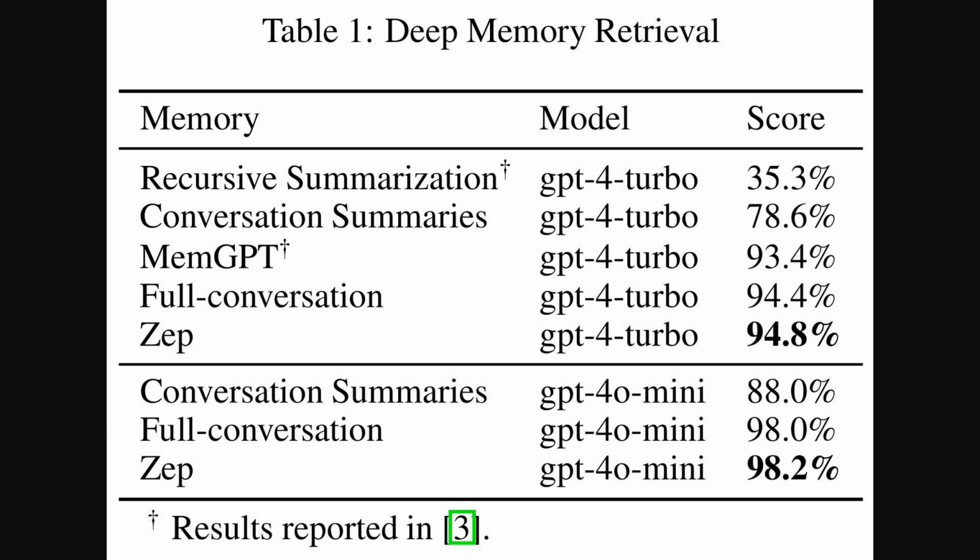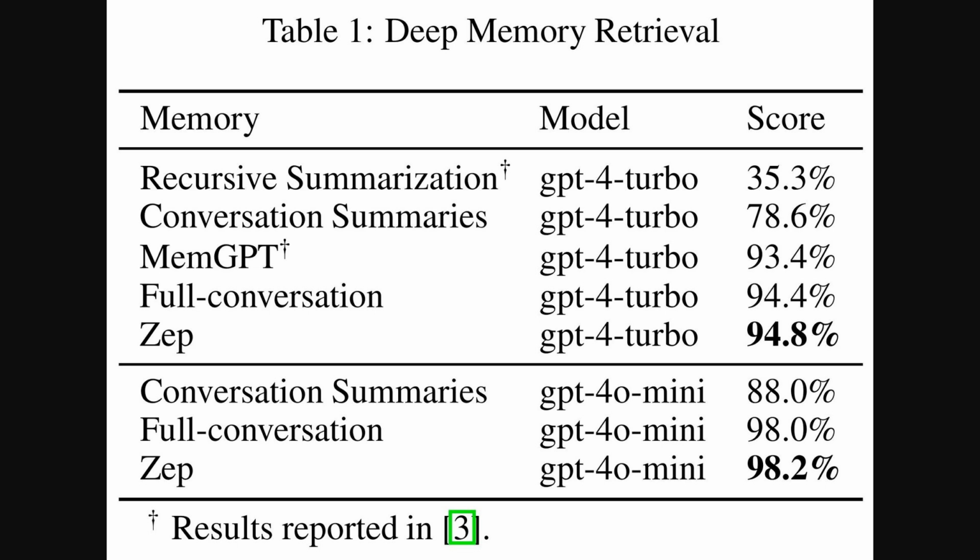So diving into the actual results, this first table shows performance on that deep memory retrieval benchmark I mentioned, the DMR. It compares ZEP against other methods like MEM-GPT and just using conversation summaries or the full conversation history, using both GPT-4 Turbo and the newer GPT-4o mini model.